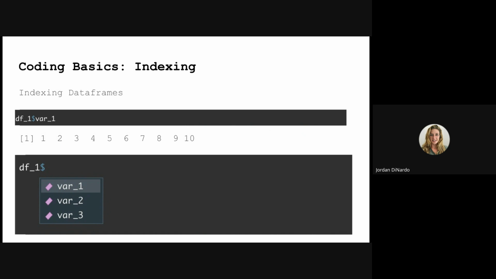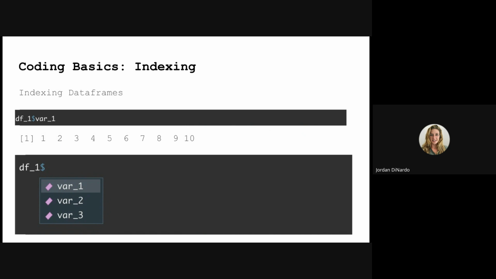Alrighty, so then lastly, when it comes to indexing is indexing data frames. And again, when it comes to data frames, we use the $ sign. So here, for example, if you remember back, we created df_1. If you use the $ sign and then call out variable 1, what comes out is that vector that we created a while back, which is just the numbers 1 through 10.